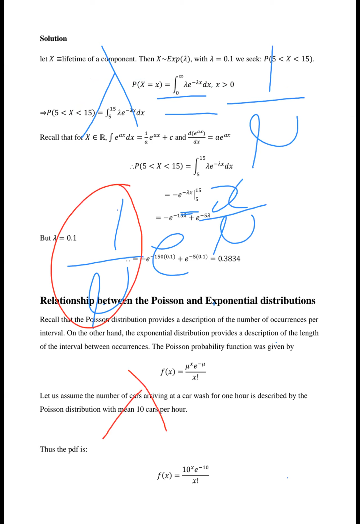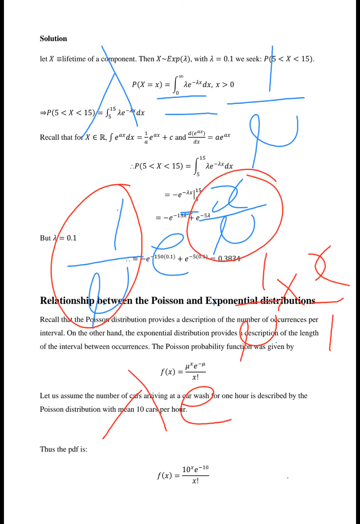So you have lambda e raised to the power. Again, here we can break this as 1 over mu times x over 1. Once we multiply these, we get x over mu.